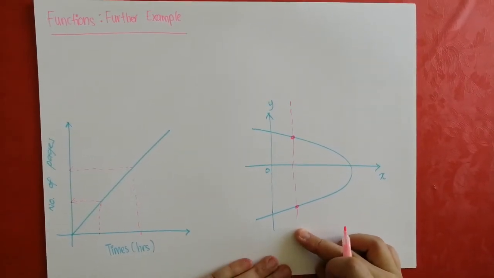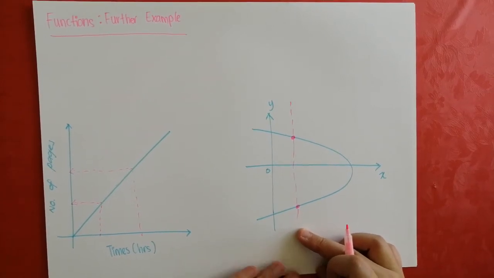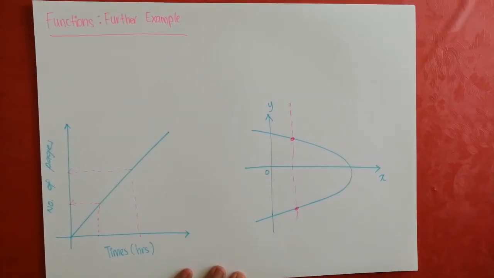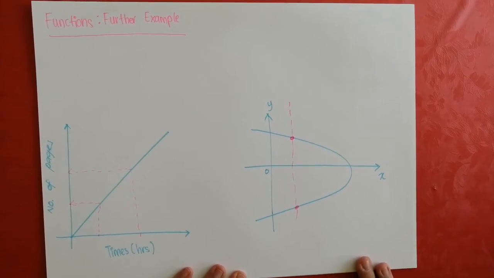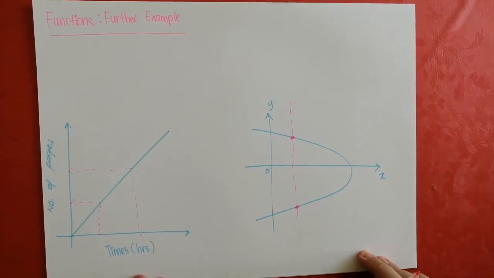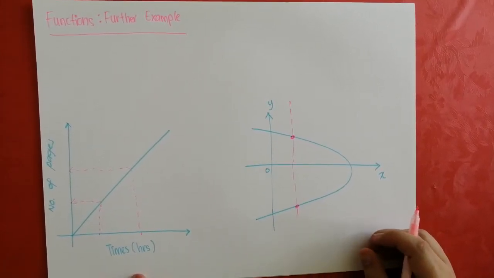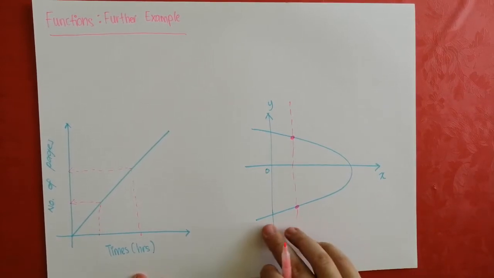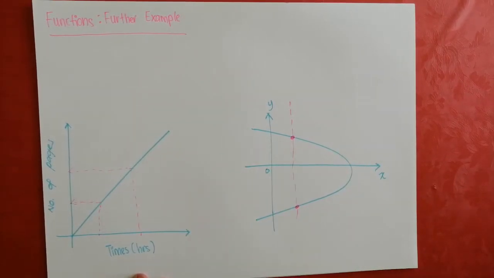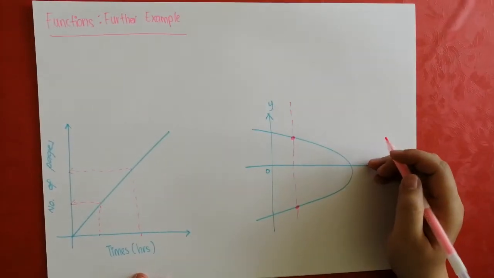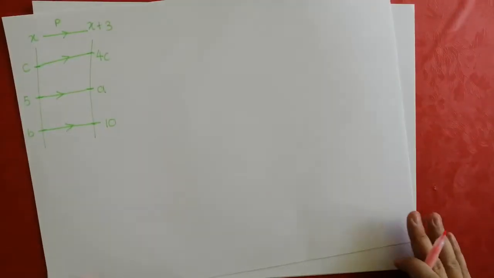Therefore, we say that this graph is not a function. So that is the vertical line test to determine whether a graph is a function or not. We just draw a vertical line. So let's move on to the miscellaneous example.